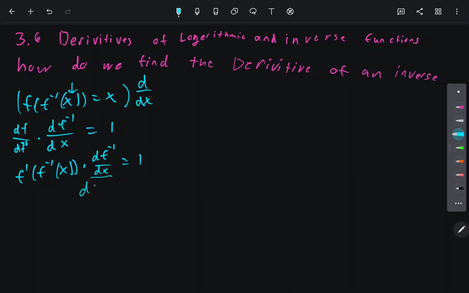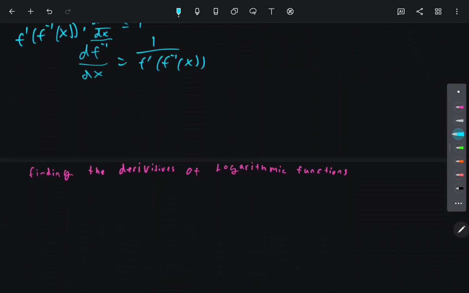So we get d of f inverse over dx is equal to 1 over f prime of f inverse of x. So this is just something general that we're going to be doing a lot today, and this is how we are going to prove the derivatives of the trig and the logarithms.